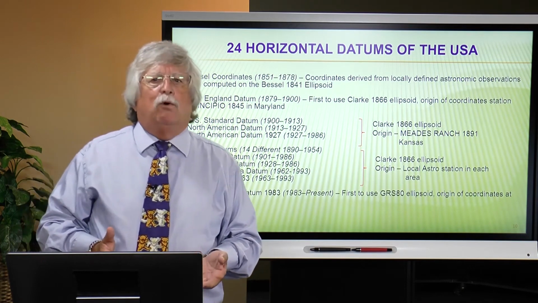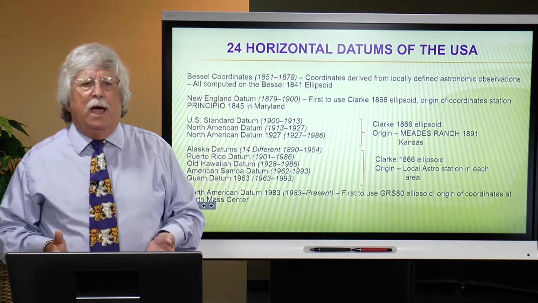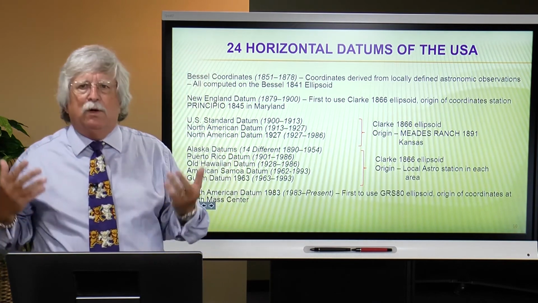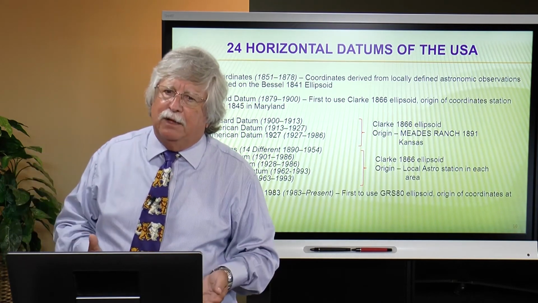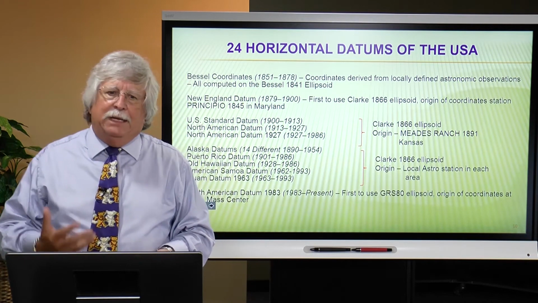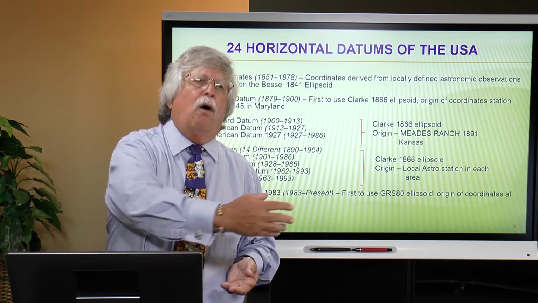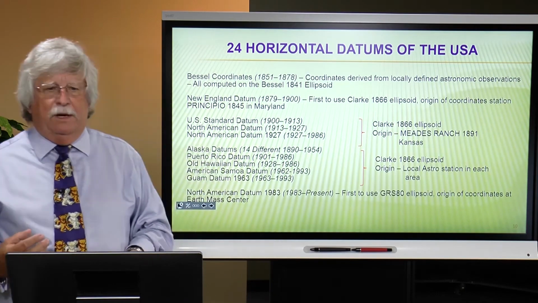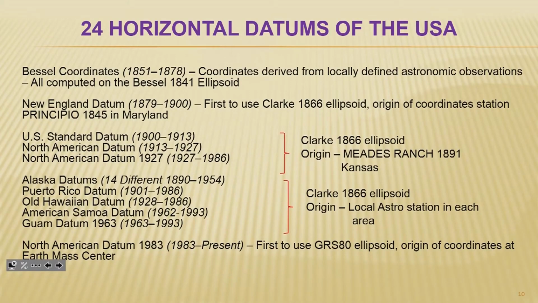It wasn't till World War II comes along that it becomes obvious that it's important to know consistent coordinates throughout the United States. And that began the impetus to include all of the triangulation in Alaska also into the NAD 27. So by 1954, these 14 different datums in Alaska are all combined into the NAD 27.